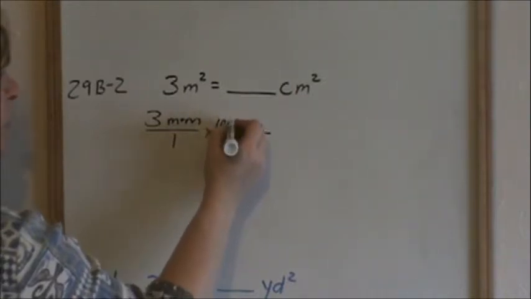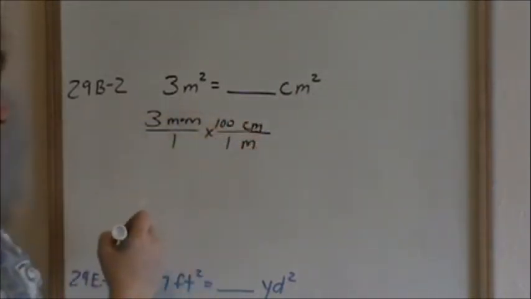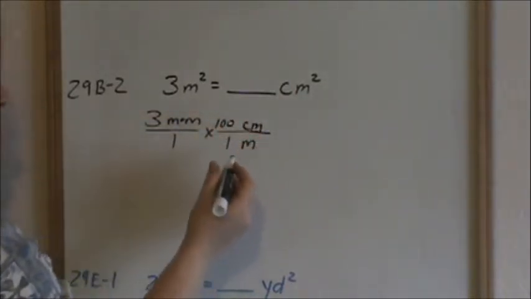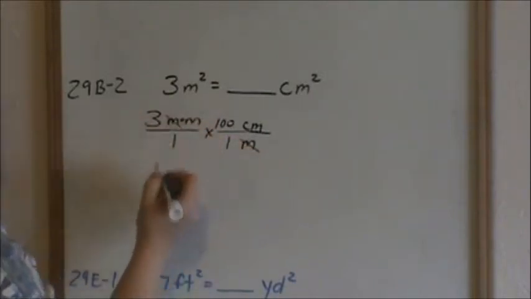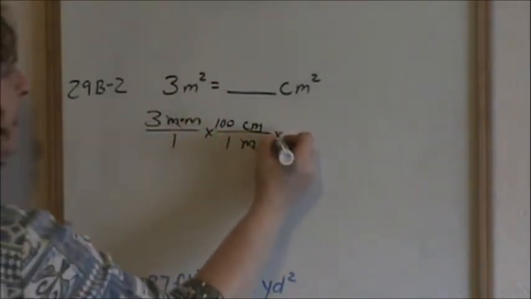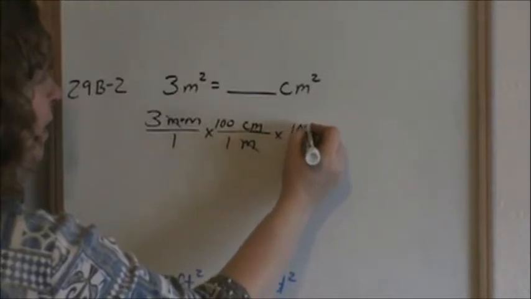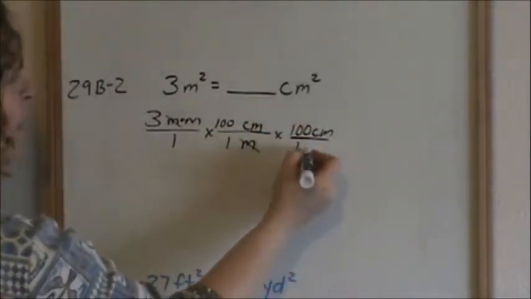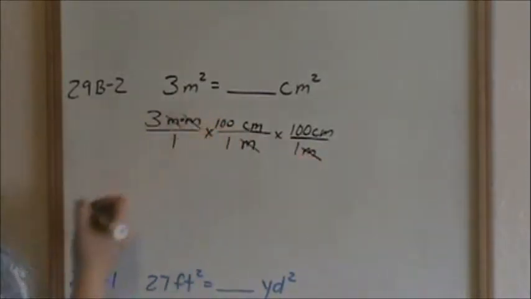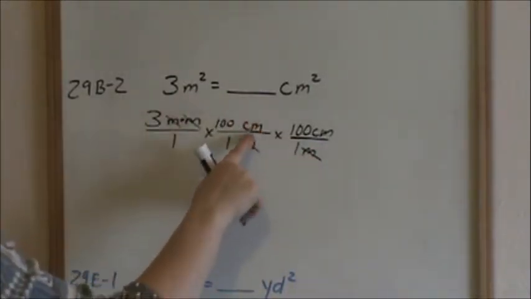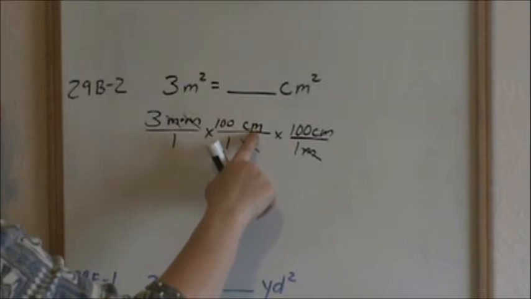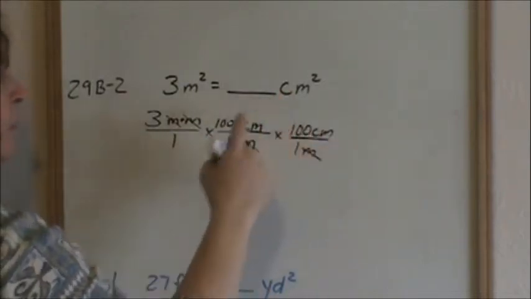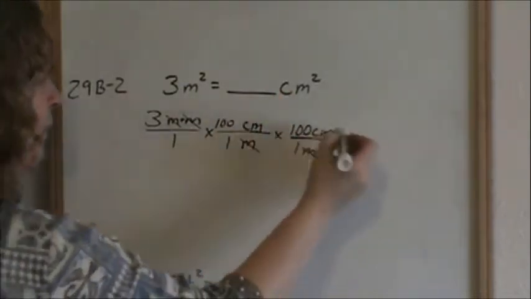There are 100 centimeters in 1 meter. Well, that only gets rid of 1 of my meters. So that means I need to do it again. 100 centimeters all over 1 meter. That gets rid of that meter and the second meter, which means my units will be centimeters times centimeters, which means centimeters squared, and that's what I'm wanting.